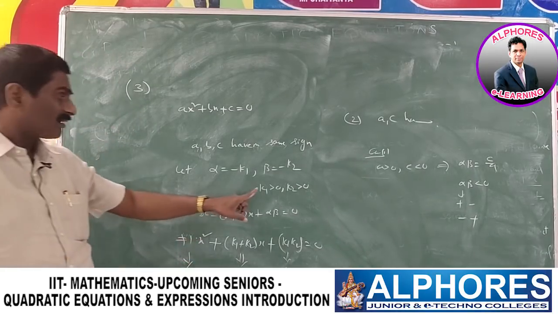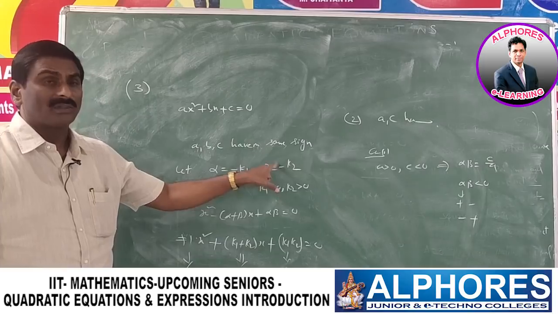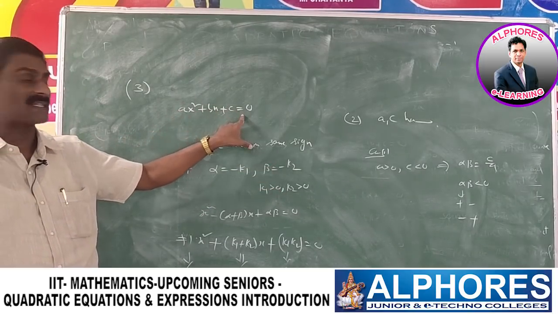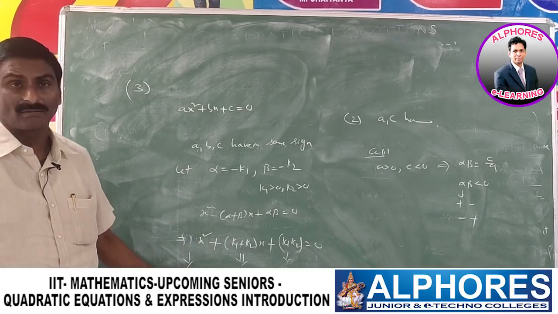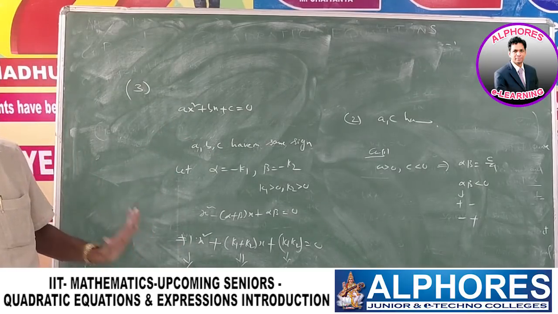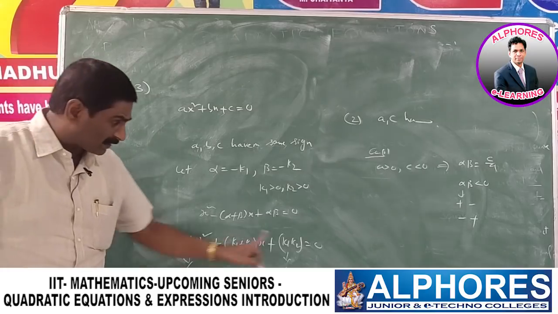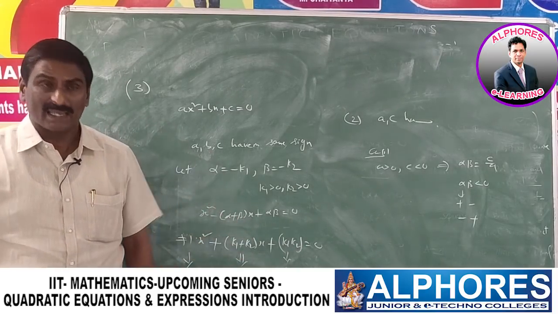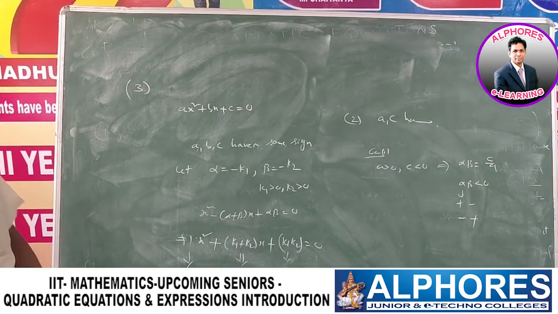If the roots are negative, then all the coefficients of the expression ax square plus bx plus c have the same sign. Suppose we multiply with minus, all the coefficients are negative, and that means all the coefficients have the same sign when both roots are negative.